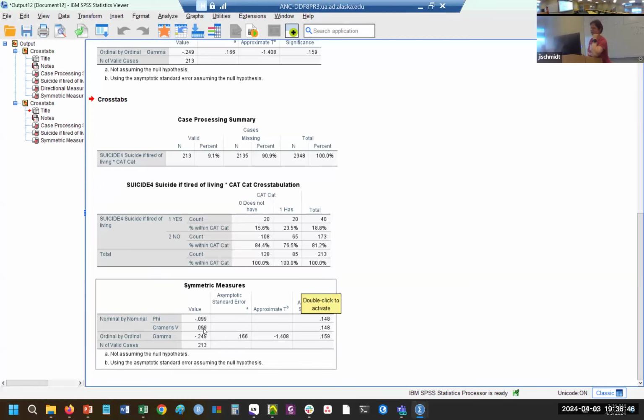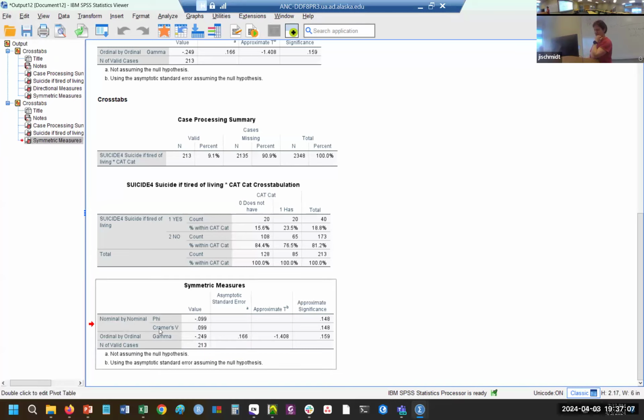This is saying that it's actually a weak relationship between owning a cat and suicide when you account for the sample size, based on this statistical type of measure. So in hindsight, I think the more appropriate thing to use is Cramer's V because of the highly skewed nature.